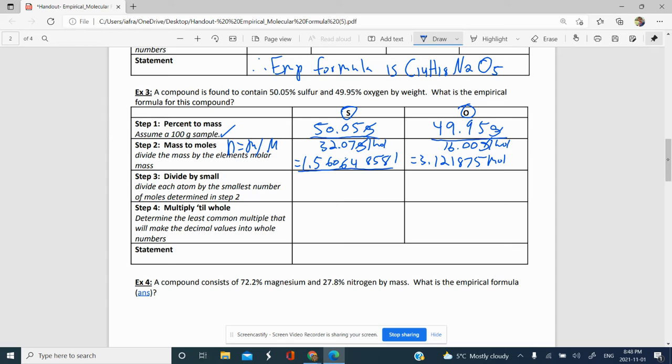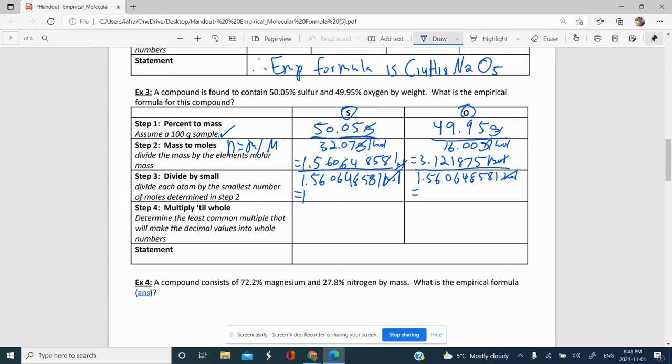We need to divide by small. So let's divide by the smallest mole value, which happens to be this 1.5606485881 mole. So this is mole and mole. Mole cancels out, and this is equal to 1 since it's divided by itself. Here we have divided by 1.5606485881 mole.